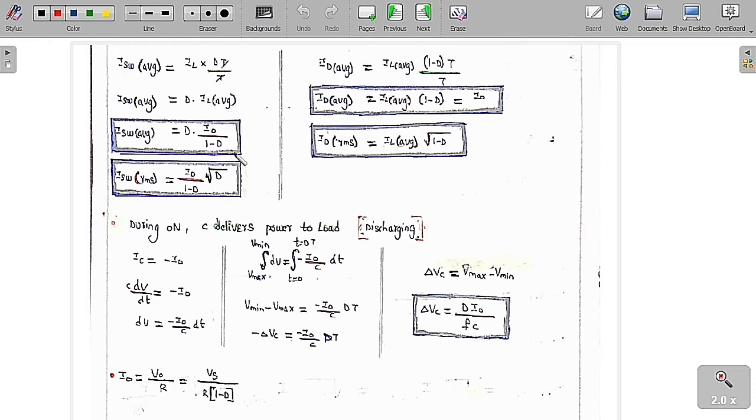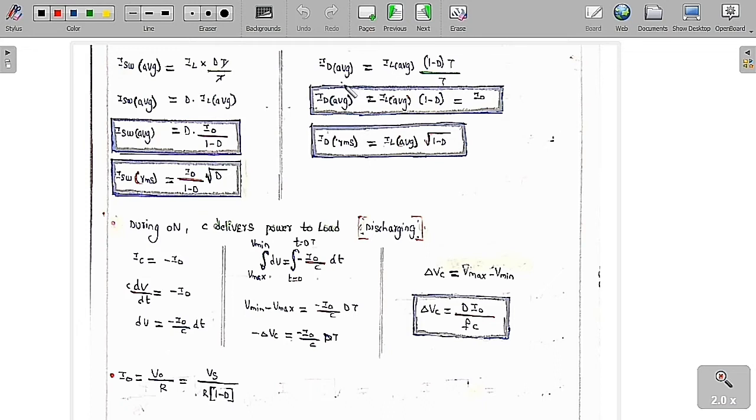So finally, the switch current average value is equal to d into I naught by 1 minus d. Whereas the switch current RMS value is IL average into the square root of dT by T, which is root d into IL average, that is, root d into I naught by 1 minus d. So this is the RMS value of the switch current.